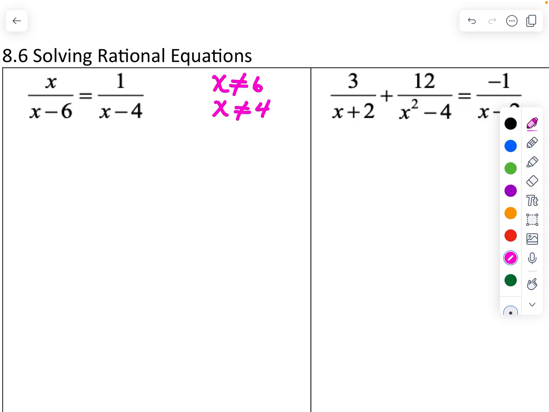If you go back in your head to where you were adding or subtracting fractions, you would need the same denominator. So basically, you need these denominators to be the same. You need the denominator to be x minus 6 and x minus 4.